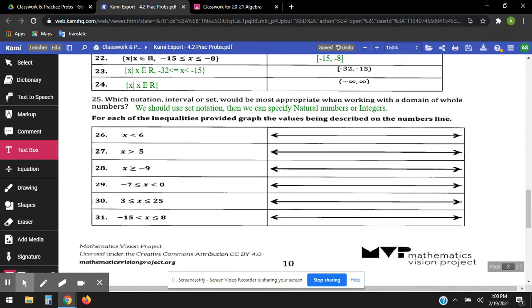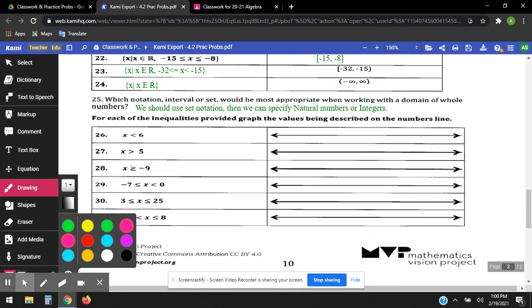All right, last couple. For each of the inequalities provided, graph the values being described on the number line. So x is less than 6. So I'm going to draw a few lines on here. We'll go ahead and do them in black. One in the middle.